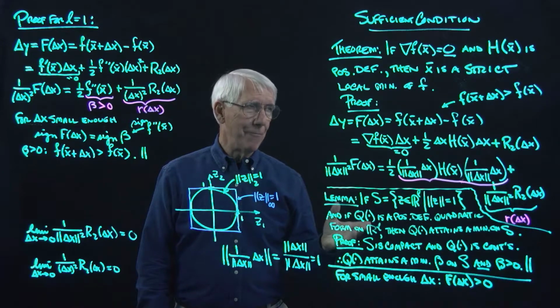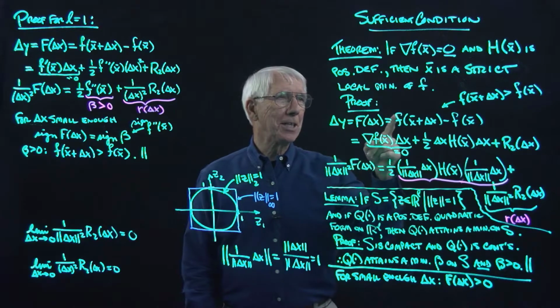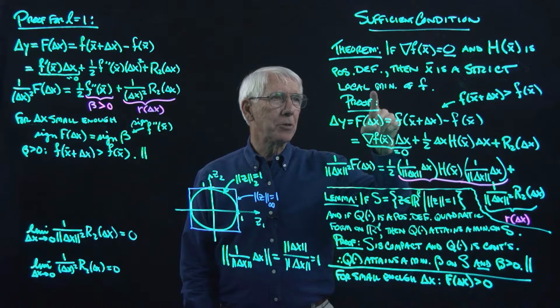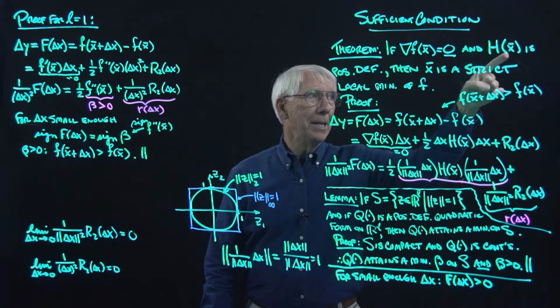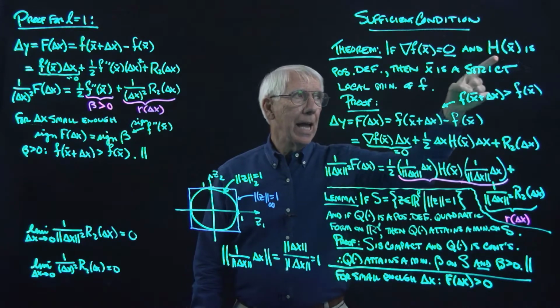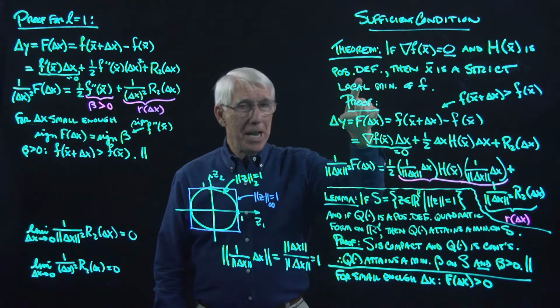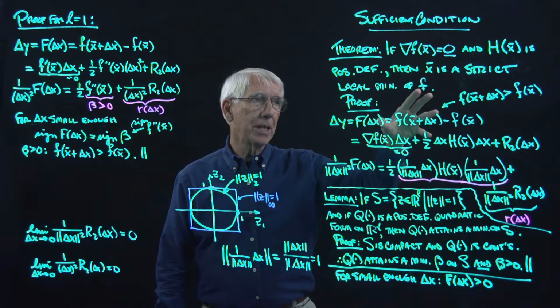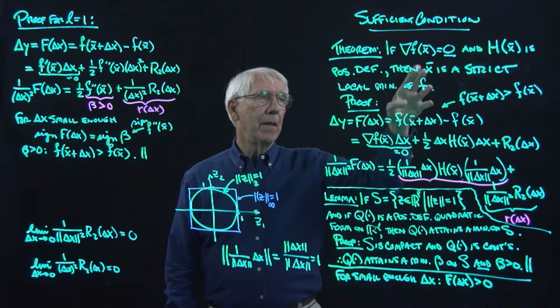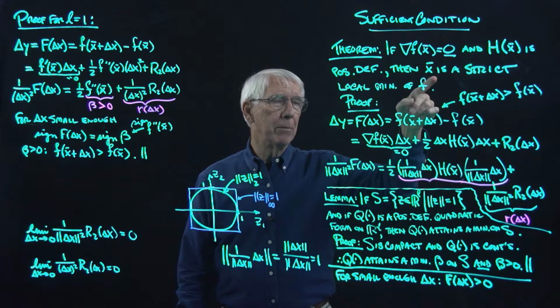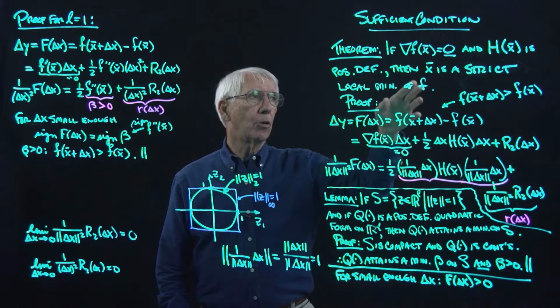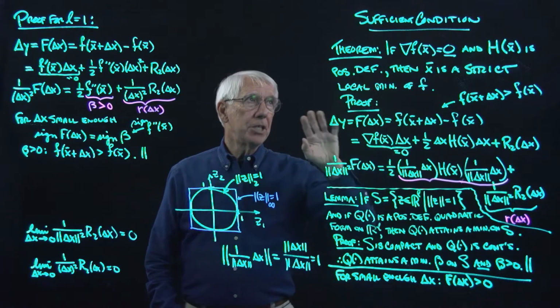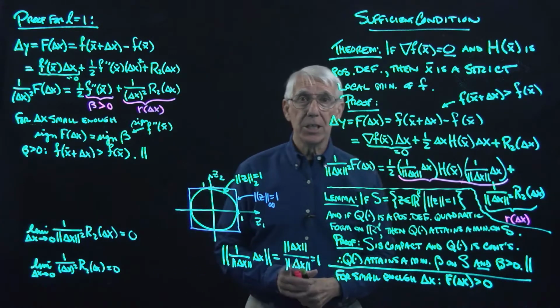It's obvious that the sufficient condition to guarantee we have a strict local maximum is that the Hessian matrix is negative definite. So we now have sufficient conditions that will guarantee that we have a strict local minimum or a strict local maximum. And the sufficient conditions are both first and second order.